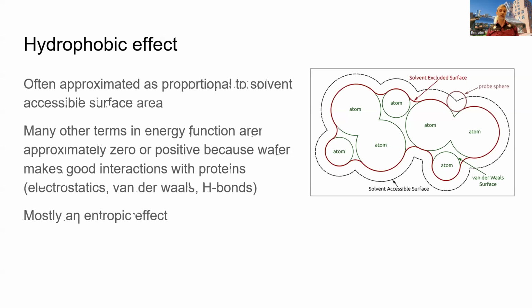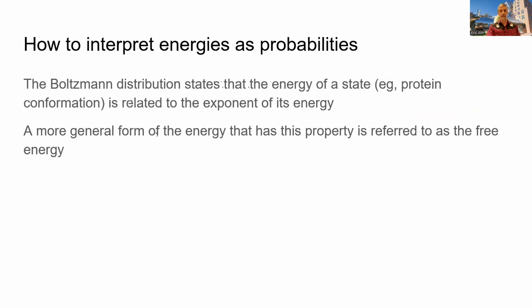And so the hydrophobic effect, empirically, we know it's proportional to the amount of surface that is exposed to water. That's mostly an entropic effect, but we can treat it as in the same units as energies.